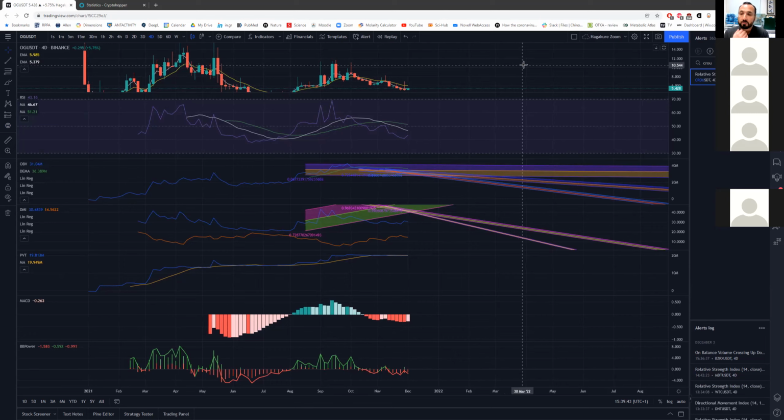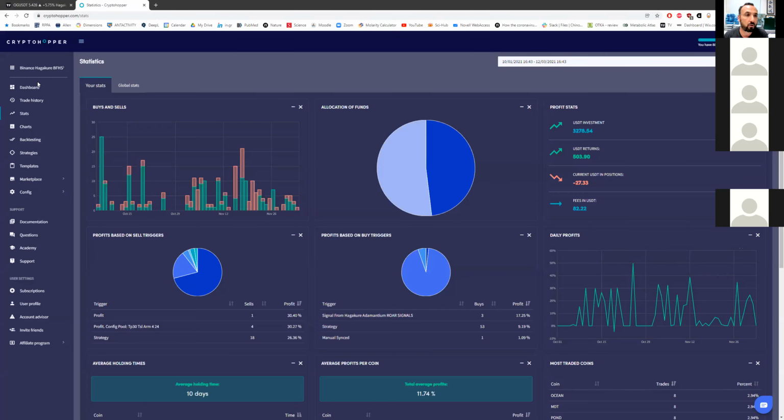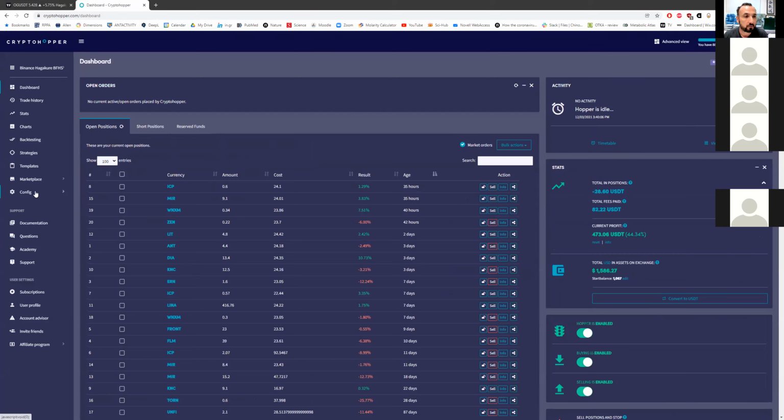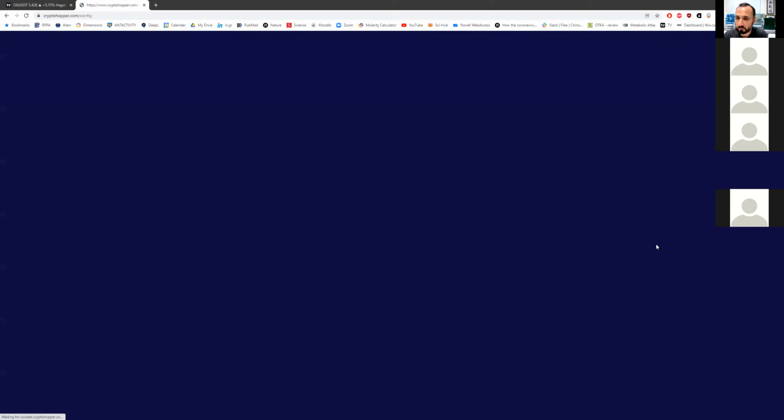Exactly because of this, you may get some red bags, even though the coin selection analysis is very robust. That's why it's important that you always invest a very small amount of your capital, and it is always suggested to be around 1%. So for my hoppers, for the Binance, I use 1.1 or something percent.